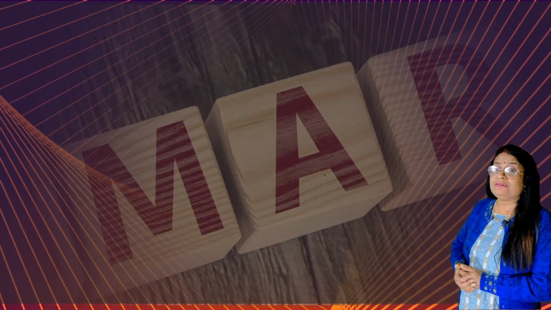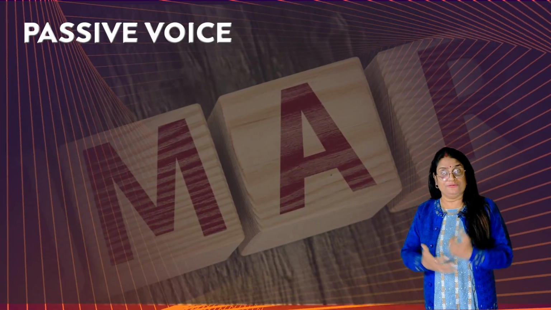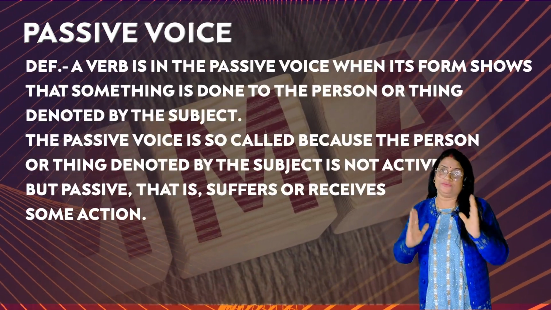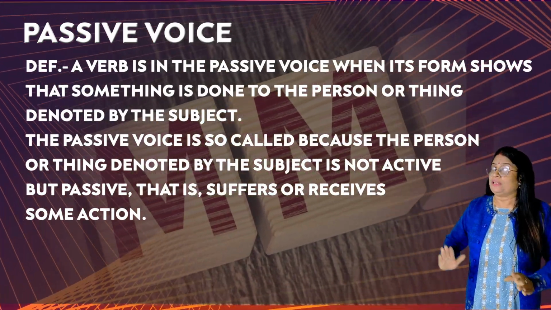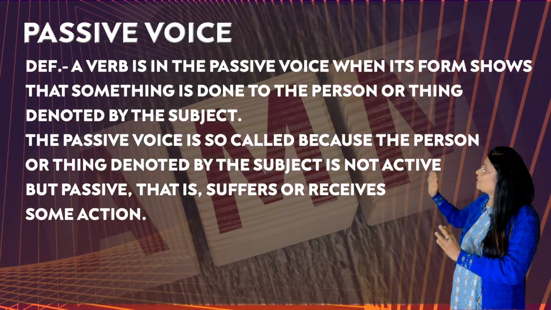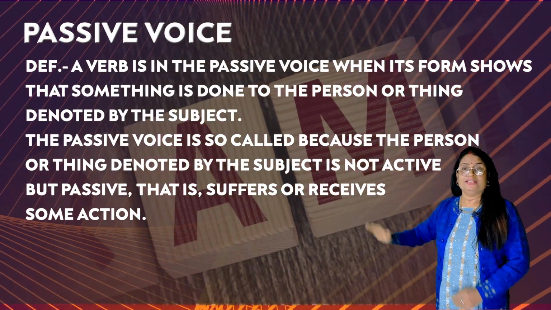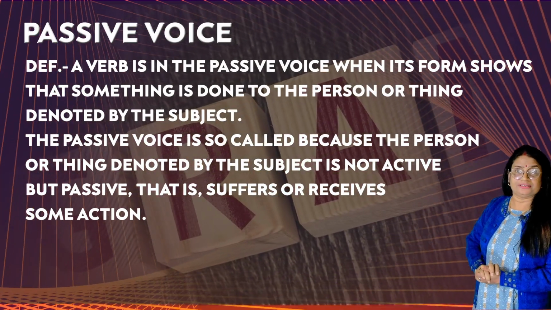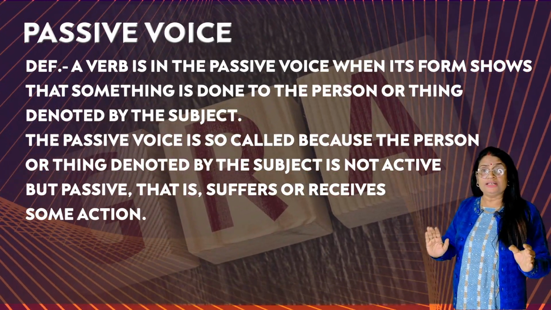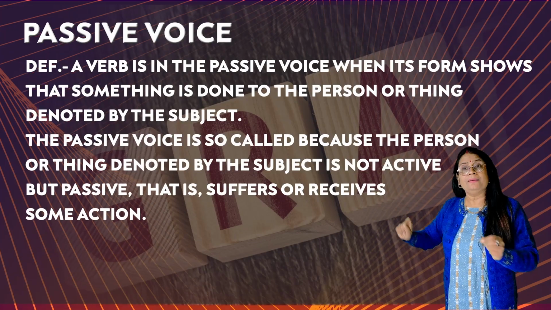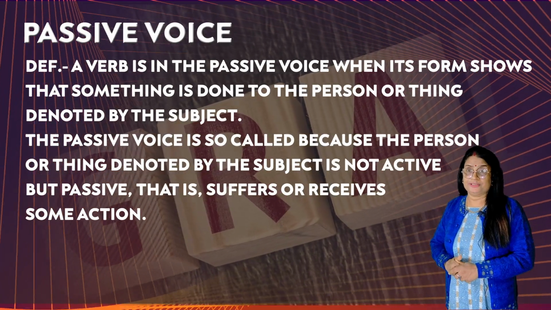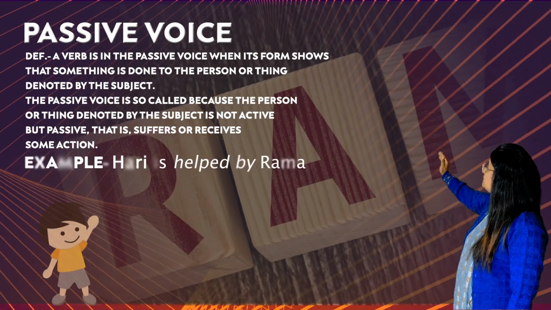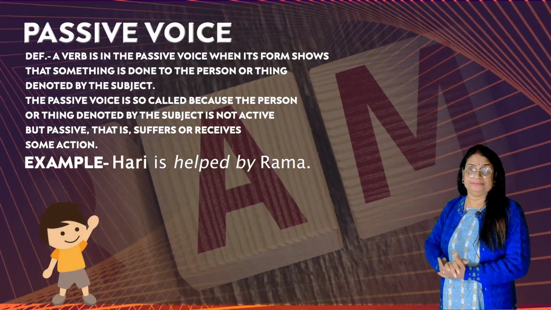Now you must be wondering, what is the passive voice then? The passive voice is just the opposite of the active, where the subject is not the doer of the action. The subject is the receiver of the action. We call the verb is in the passive. See, Hari is helped by Rama.